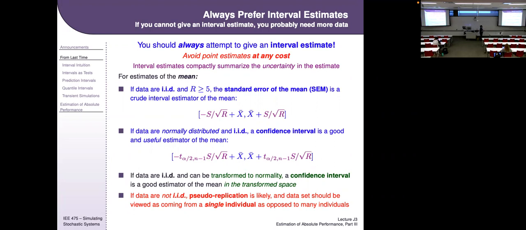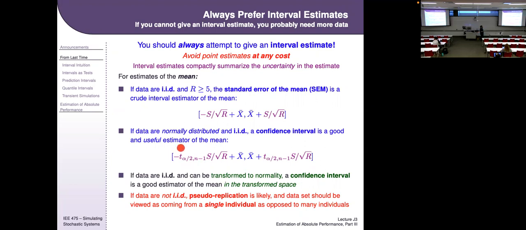Now, if you can say that your data are normally distributed and IID, and a lot of times you can say that coming out of simulations, then you want to use a confidence interval, specifically usually a 95% confidence interval, which really just scales the standard error by a critical t value. And that can be very useful, as I'll illustrate here in a second.